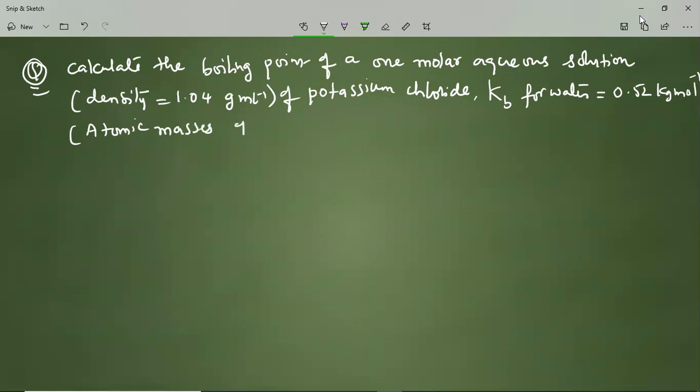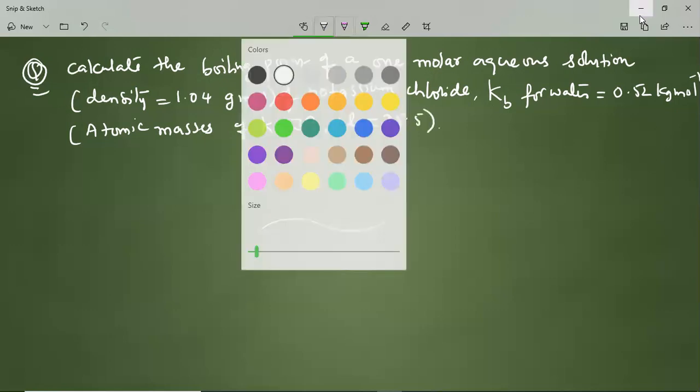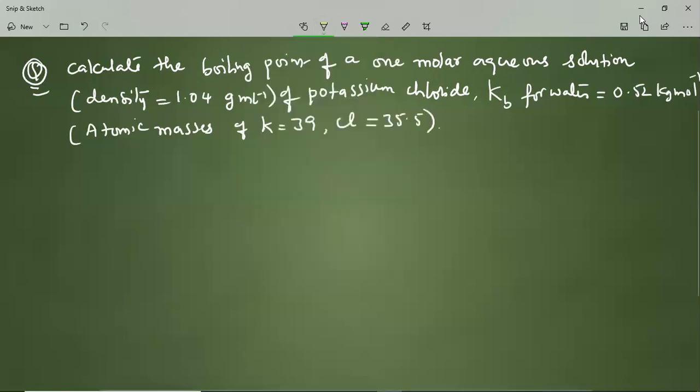Atomic mass of potassium is equal to 39, chlorine is equal to 35.5. So this is the question given.